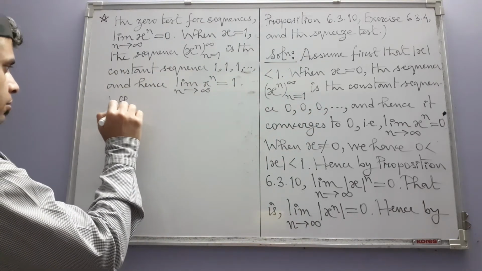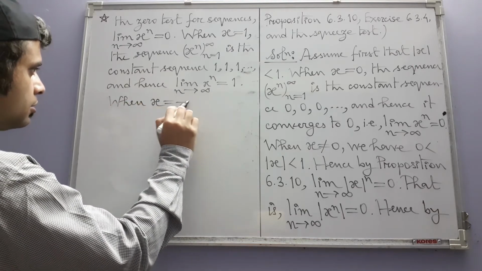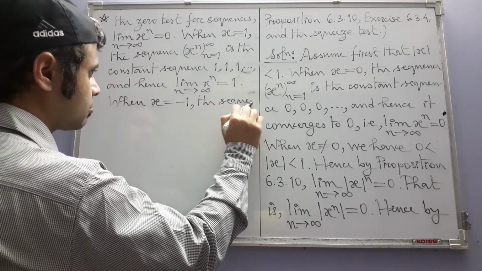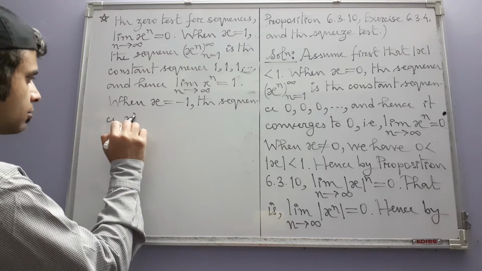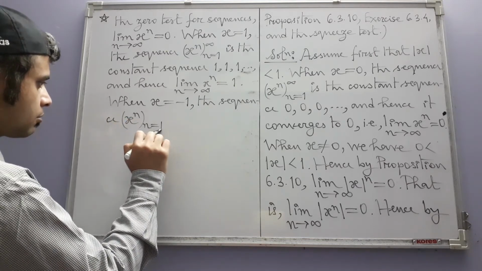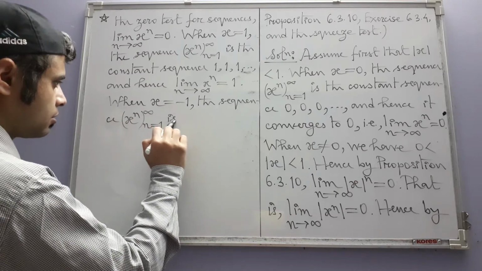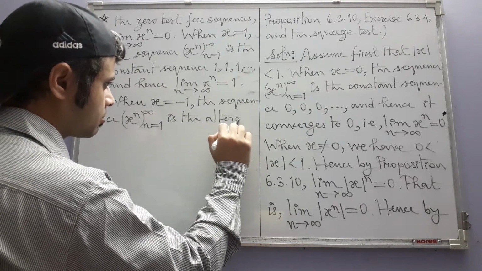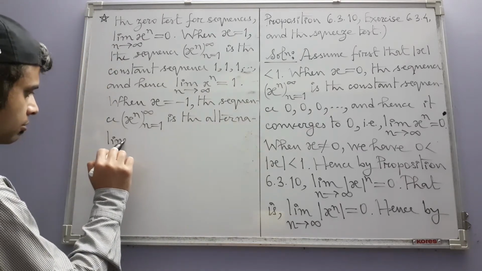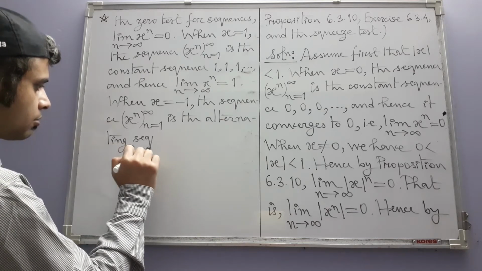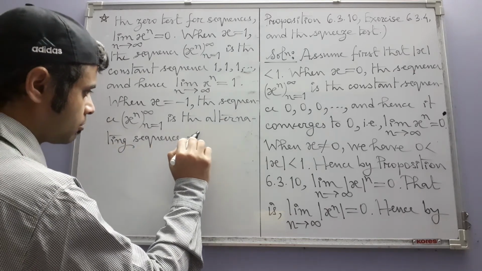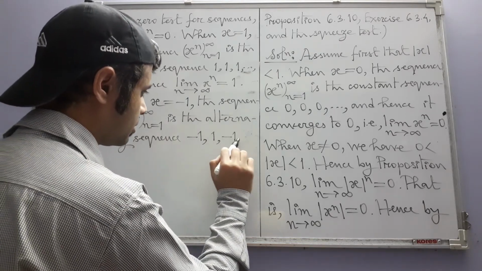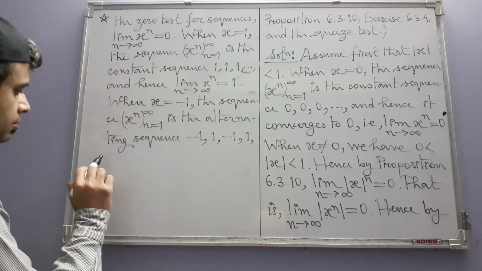When x is minus 1, the sequence is the alternating sequence which starts with minus 1 and then the terms alternate between minus 1 and 1.